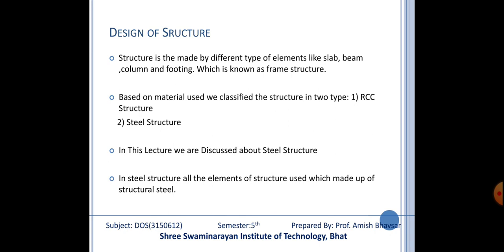The function of the column is to take the load coming from the beam and transfer it to the footing. And the function of the footing is that the load coming from the column must be transferred by the footing to the soil. So this combined arrangement of these four structural elements makes the skeleton of the building, which is known as the structure.